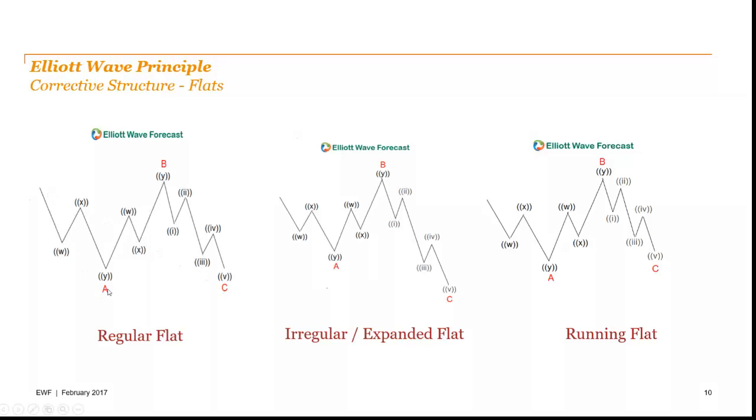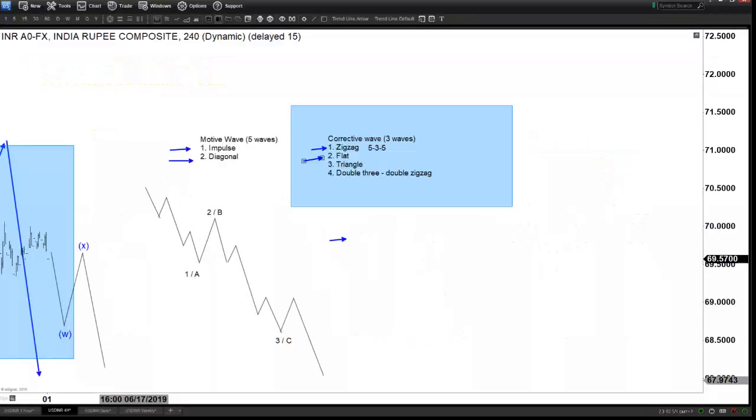The difference is this, guys, right? So let me go back to this one. So a flat is a 3, 3, 5. That's a flat, okay? All right. Now going back here, so you got 3, 3, 5. If a zigzag, it's a 5, 3, 5, right?